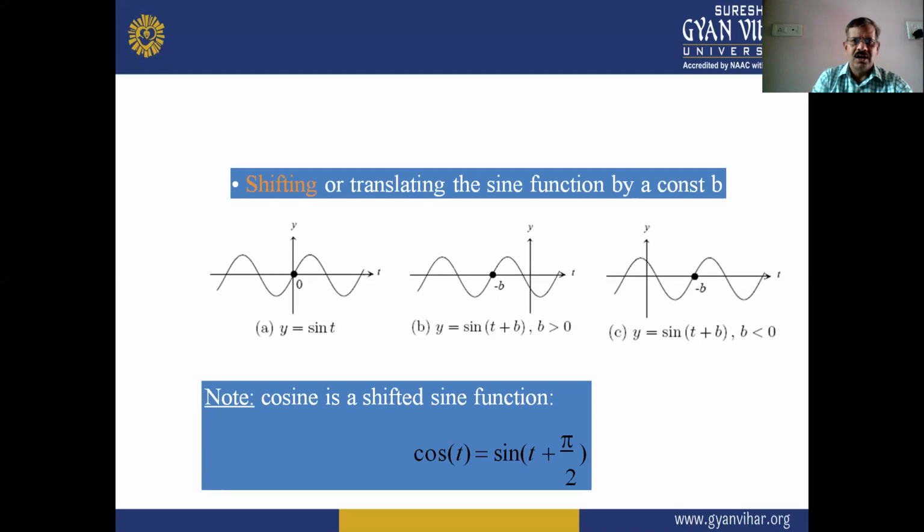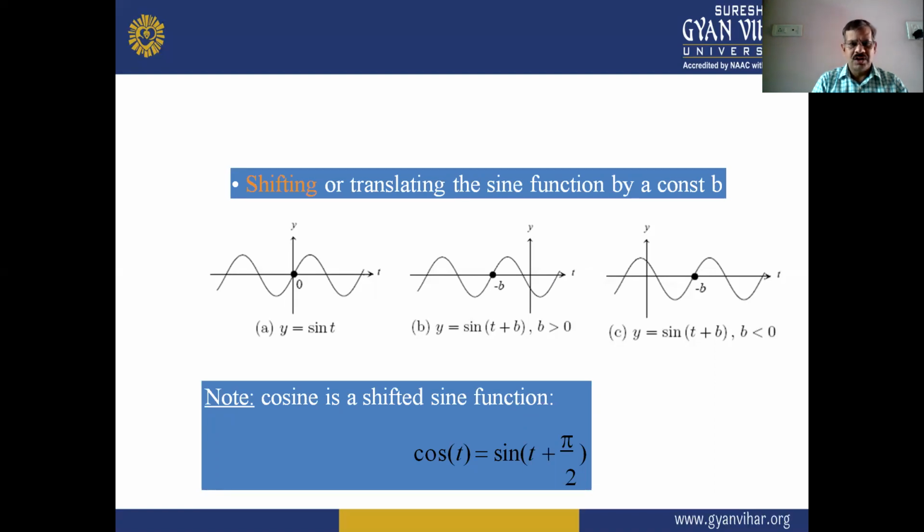So there is the shifting by a constant b. Here b is greater than 0, and in waveform c, y equal to sine t plus b, there is also a shifting by constant b, but here b is less than 0.